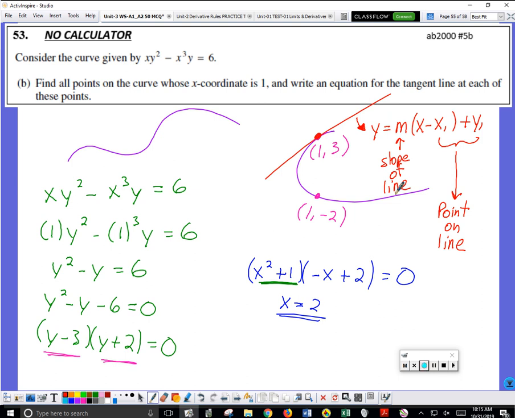So this problem is saying, write this equation for the red line, but also write this equation for this green line. Both lines will follow this same template. The m and the x1, y1 will be different.